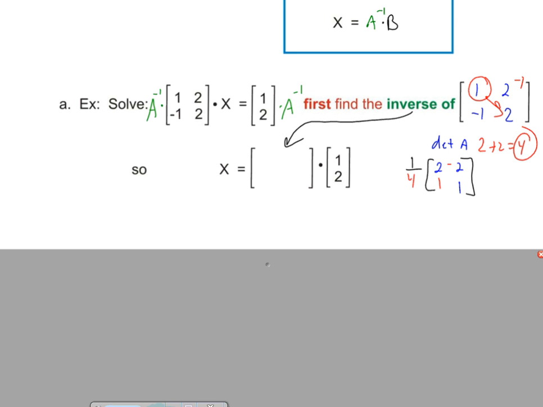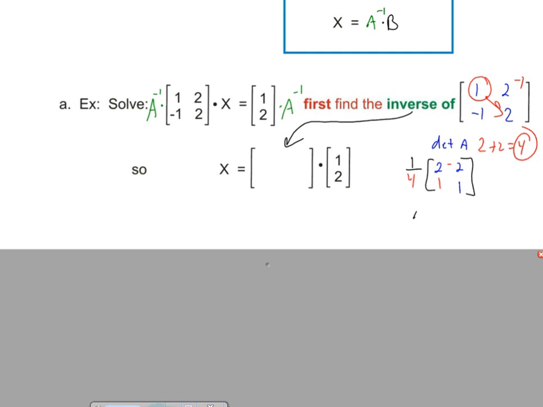What kind of multiplication are we doing right now to finish off finding the inverse matrix? Somebody raise their hand. What kind of multiplication do we do? Abigail? Scalar, right? We're doing scalar multiplication right now. So it's just the 1/4 times each element. So now we're finding the inverse.